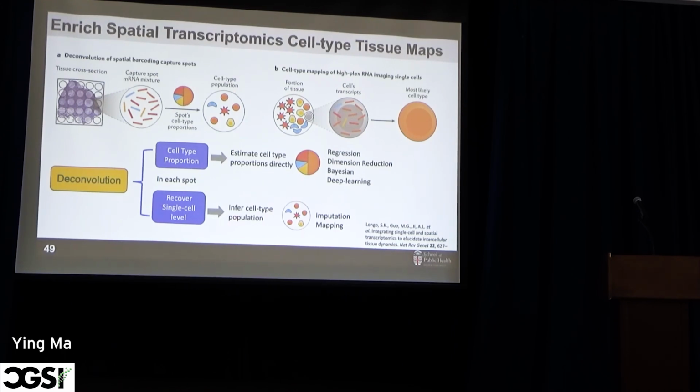However, for inferring single cell level data, we need to leverage methods in imputation or mapping. For imputation, you want to impute the missing single cell information. And for mapping, you want to transfer the single cell data to the spatial location, mapping each single cell to each location. You can utilize optimal transport.